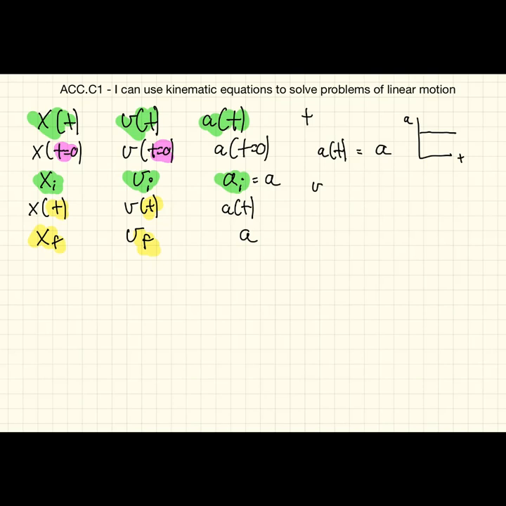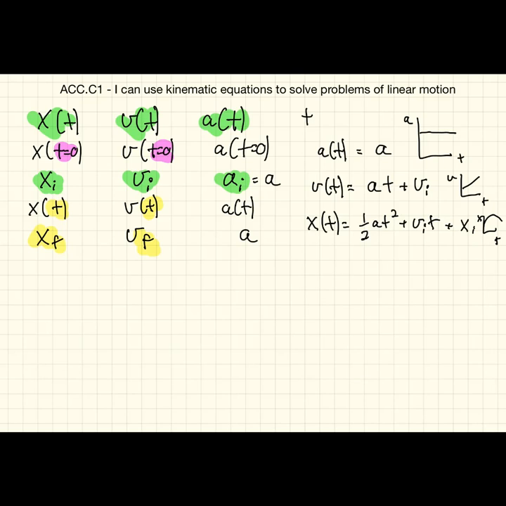Next, we have the velocity as a function of time. It is the acceleration multiplied by the time plus the initial velocity. And then we have the position as a function of time, which is 1/2 a t squared plus v initial t plus x initial, right? And all of these are the equations that would describe the line of that particular kinematic variable.